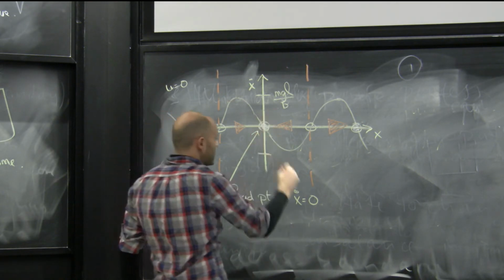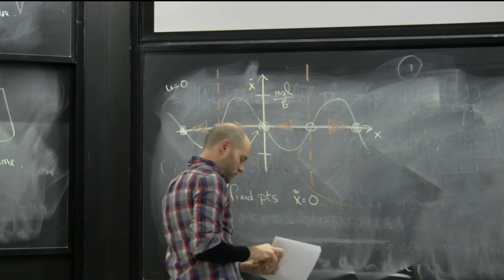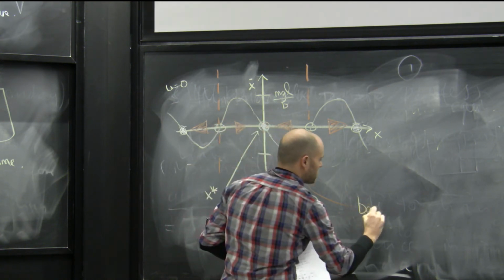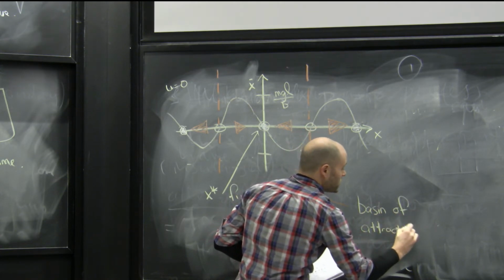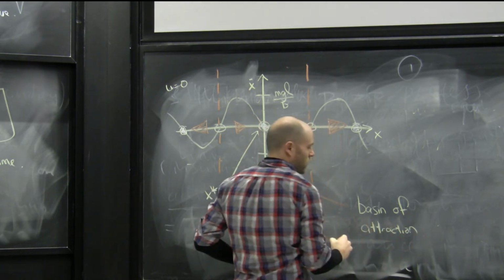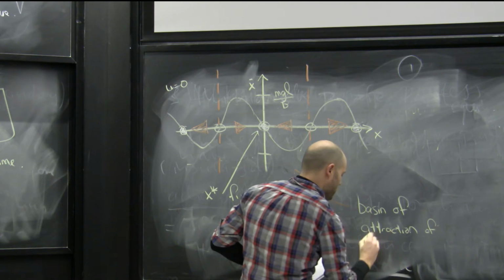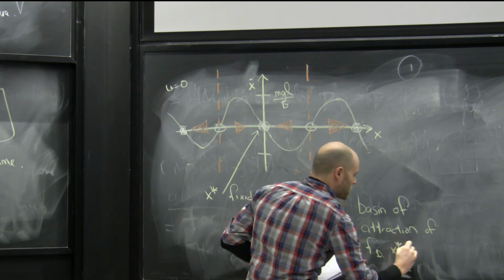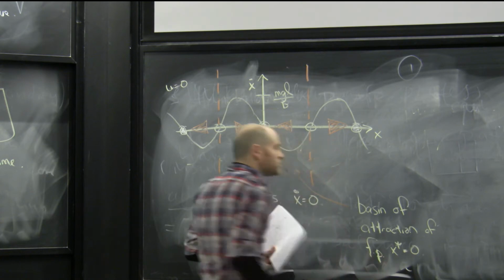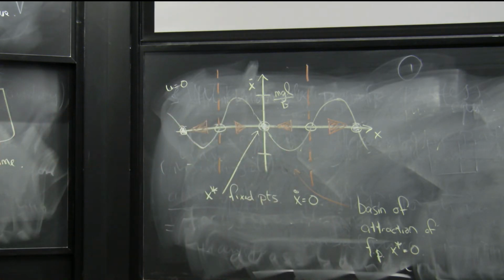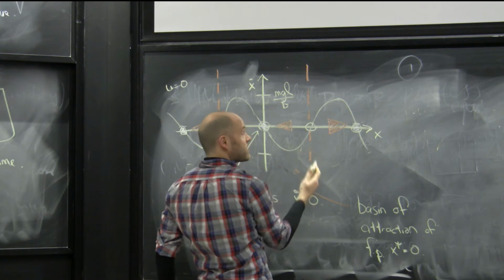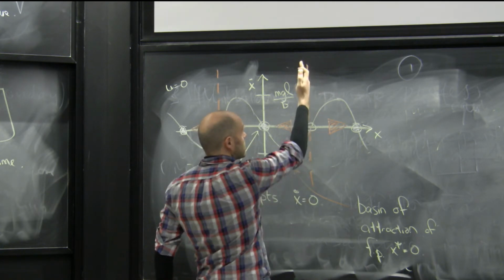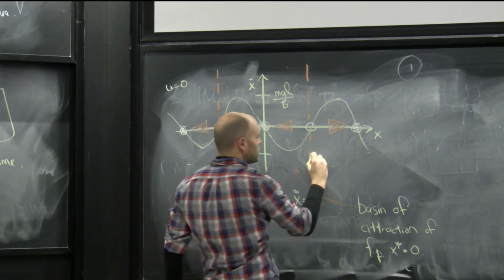So this region here is called the basin of attraction, or region of attraction, of the fixed point x star equals 0. In fact, the sets that define the boundaries of the basins of attraction, where the fixed point changes, have a name too. Those are called the separatrix.